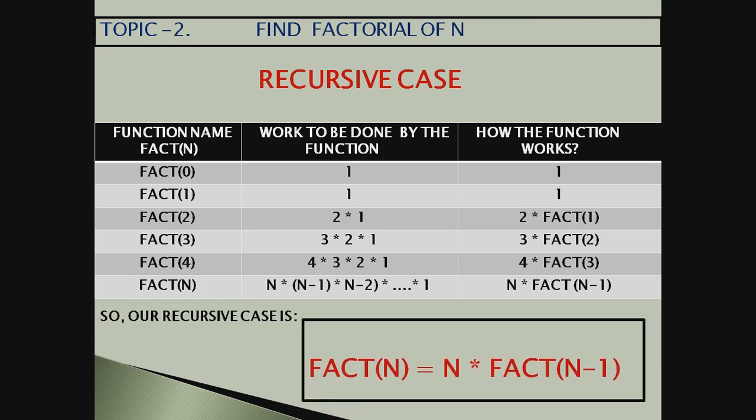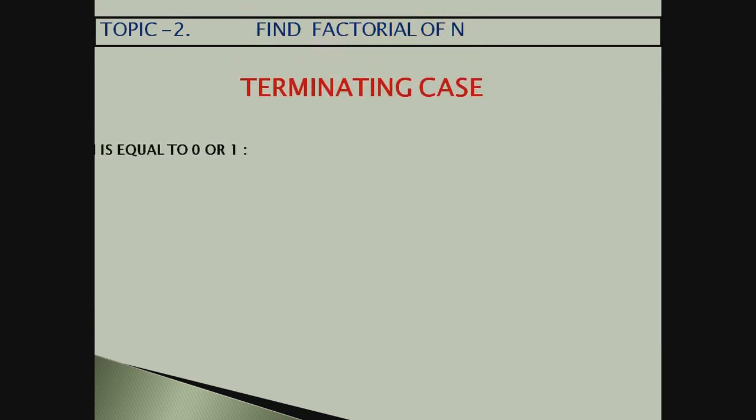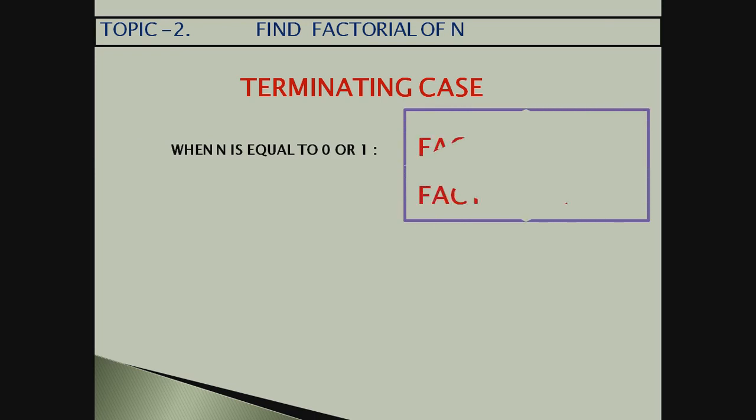Let us proceed further and see the findings. So the terminating case: when n is equal to 0 or n is equal to 1, that is, fact 0 is going to give us 1, and even fact 1 is going to give us 1. Now we go to the recursive case.